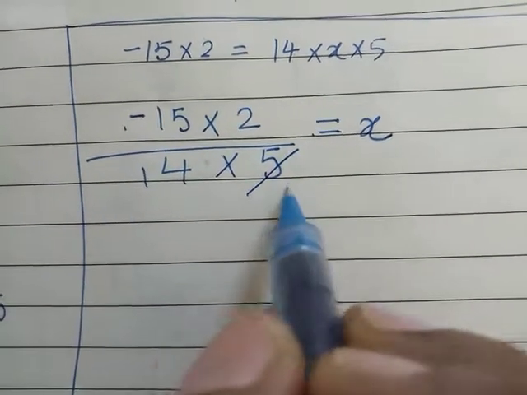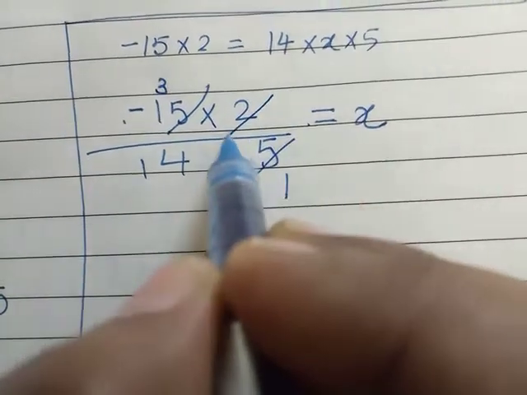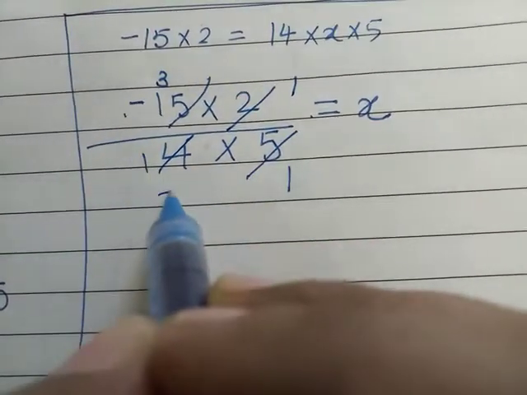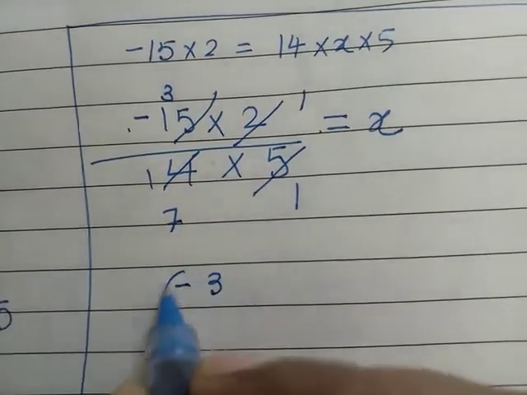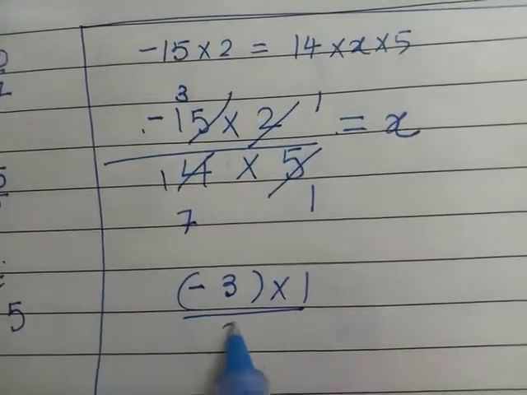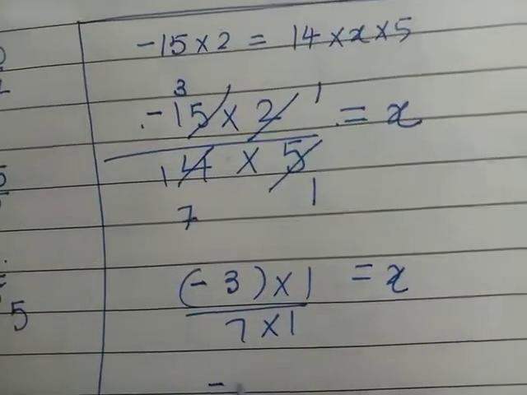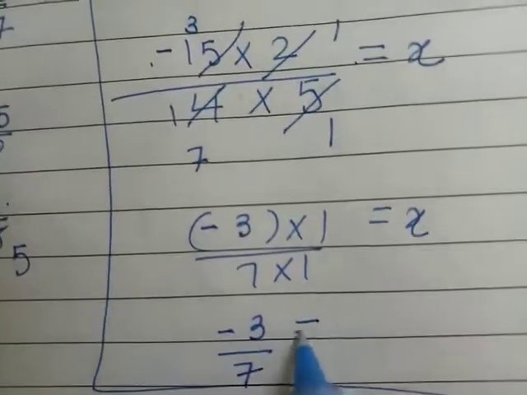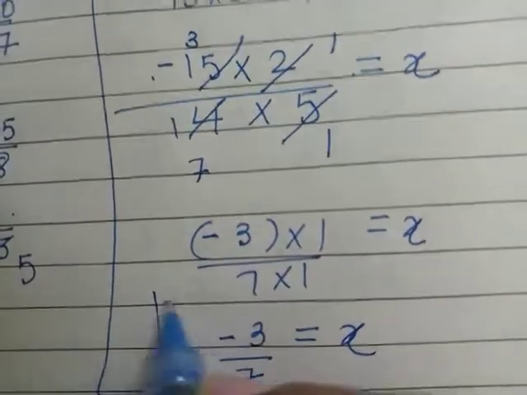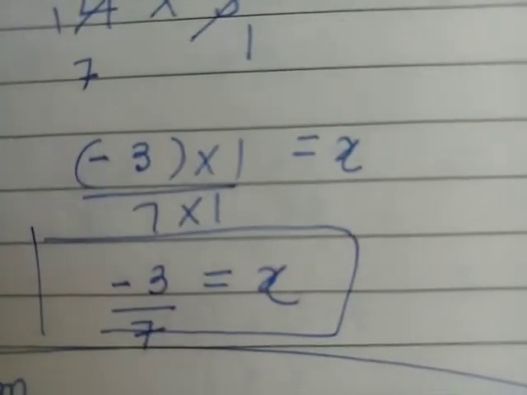Now we cancel it out. 5 ones are 5, 5 3s is 15, 2 ones are 2, 2 sevens is 14. So what we get as the answer? Minus 3 into 1 upon 7 into 1 is equal to x. So the value of x is equal to minus 3 by 7. Okay children, so the answer for this is minus 3 by 7.